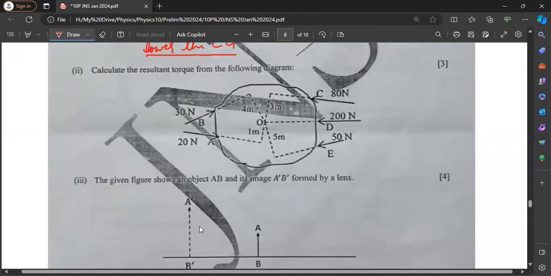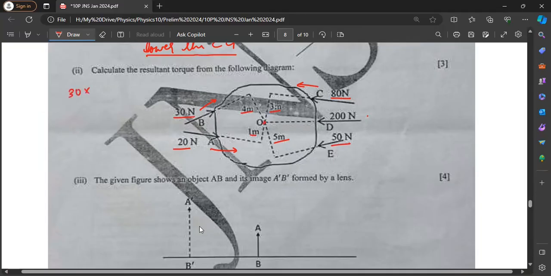This I hope you all should have got it. This is 30 into 4, that is clockwise, and 50 into 5, that is also clockwise. 20 into 1, that is anti-clockwise, and 80 into 3, that is anti-clockwise. So this is 0 because it's directly acting on the pivot. So what was the resultant?